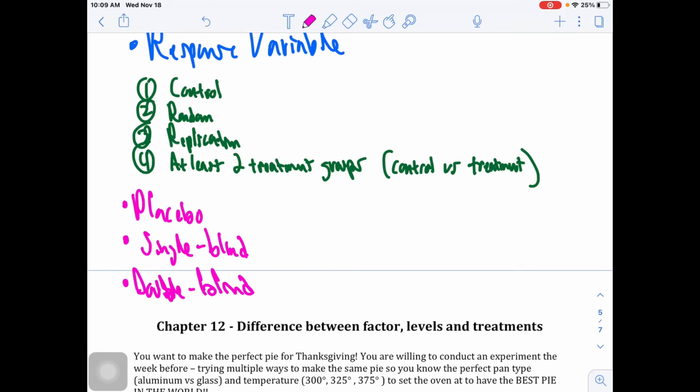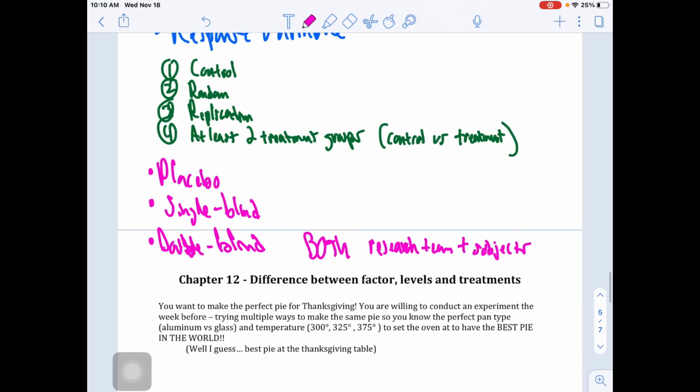Or it might be that the research team doesn't know what treatment they're getting. In a double blind, both the research team and subjects have no idea which treatment they received.